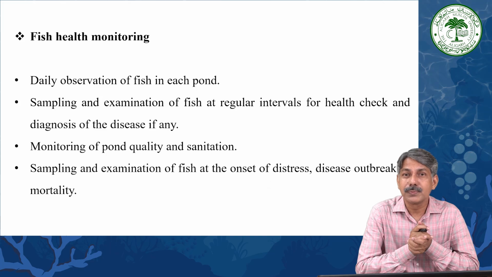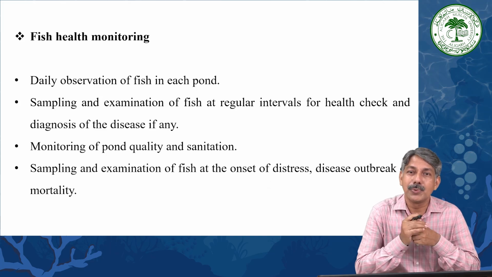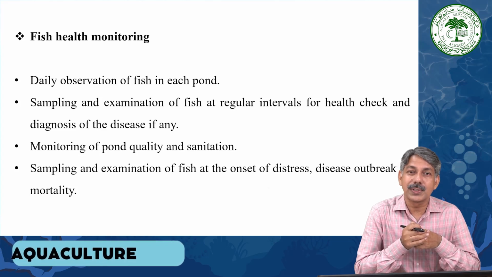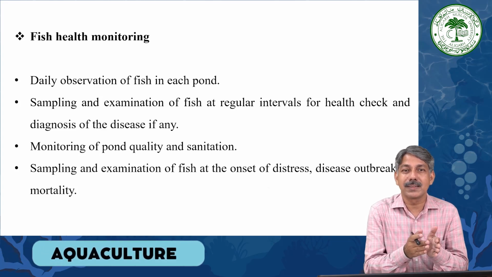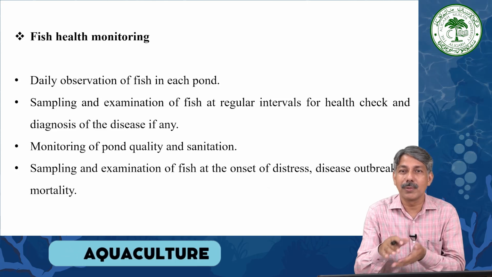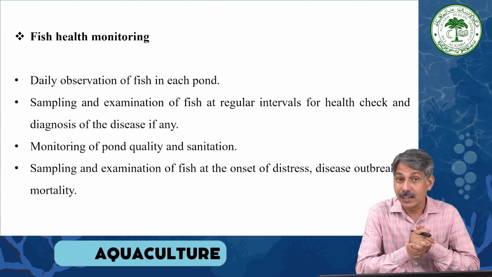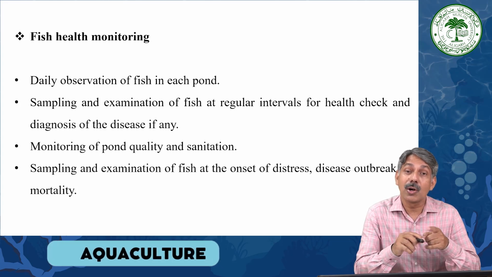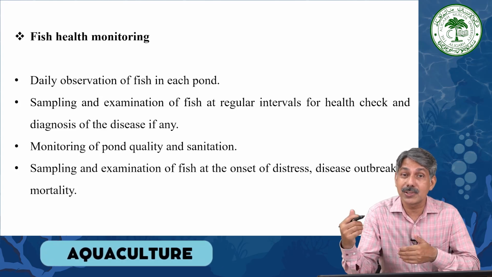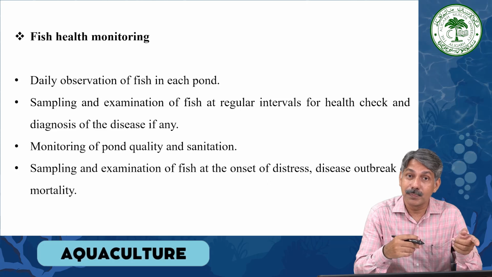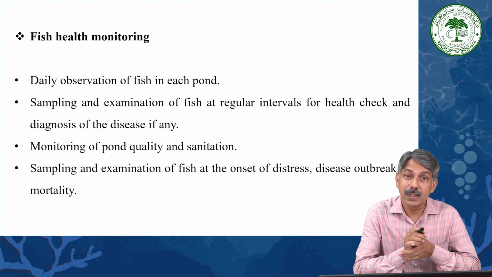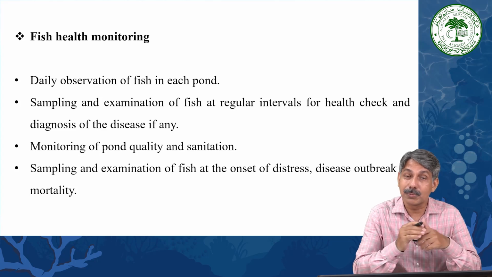For example, if you are taking a round and observe fishes showing erratic swimming, or rubbing their body against some hard substratum or the bottom or side of the pond, then there is a problem. If they are showing erratic swimming, again there is a problem. If they are not consuming food as they have been consuming, again there is a problem. If they are coming to the surface to gulp atmospheric air, again there may be some problem.